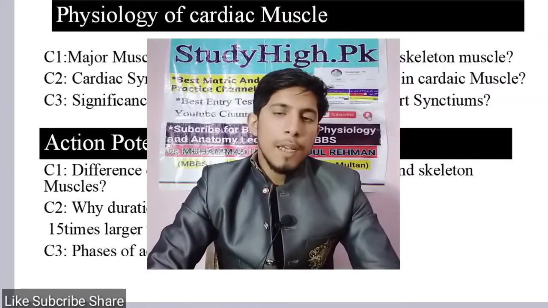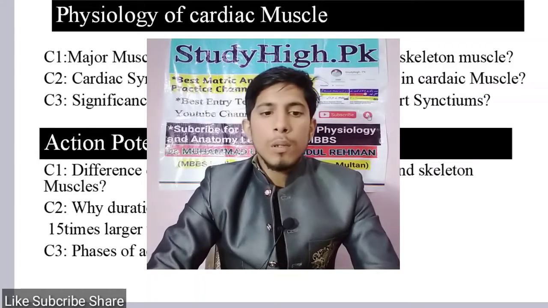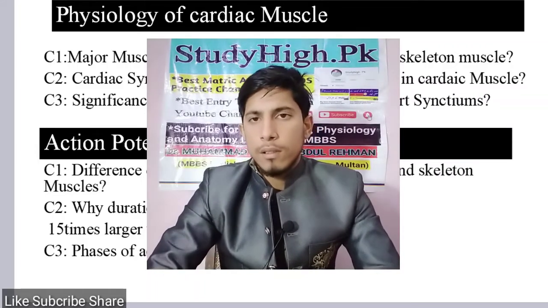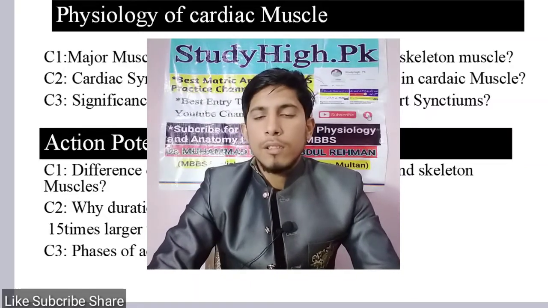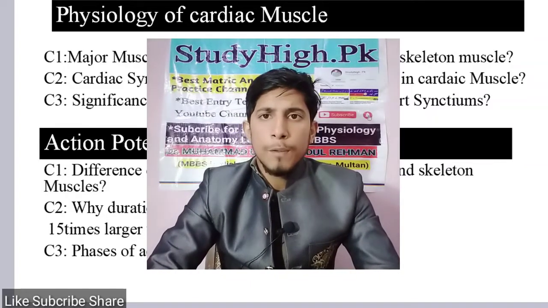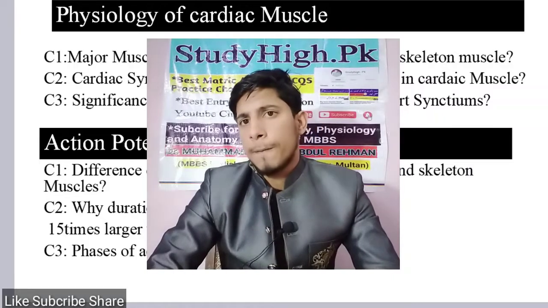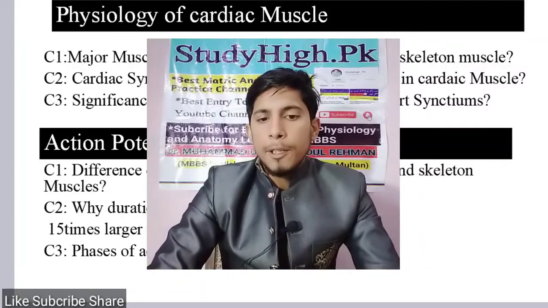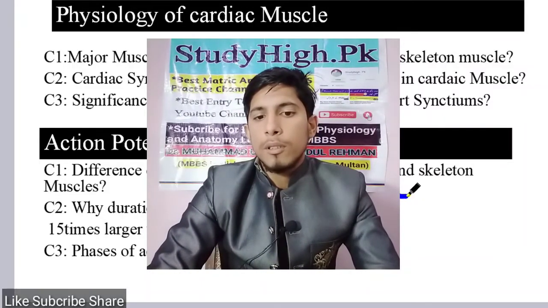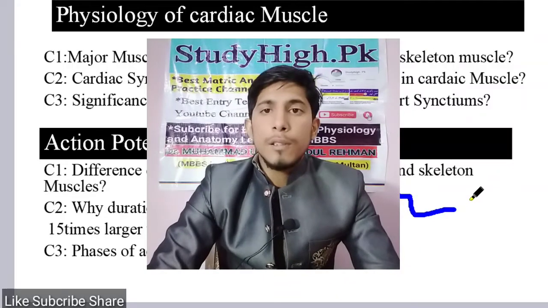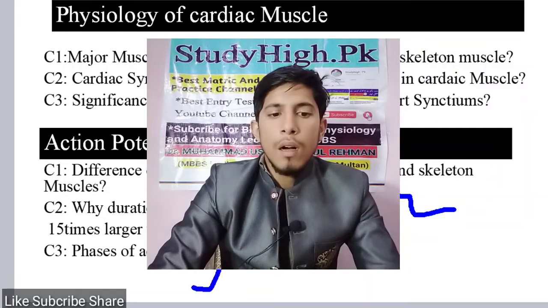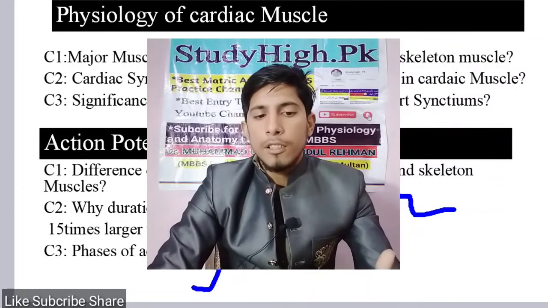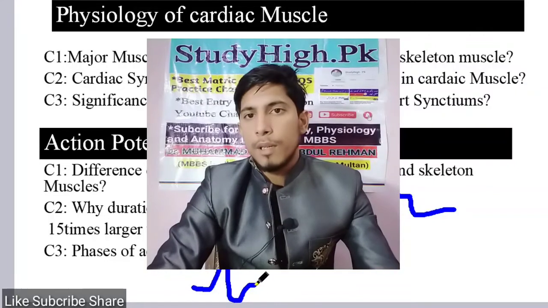In this topic, I explained how the action potential is generated in cardiac muscles and how it is different from skeletal muscle, because cardiac muscle has L-type calcium channels which skeletal muscle cells lack. As a result, there is a plateau in cardiac muscles after depolarization, whereas skeletal muscle simply has a rapid depolarization followed by repolarization because of potassium ions.